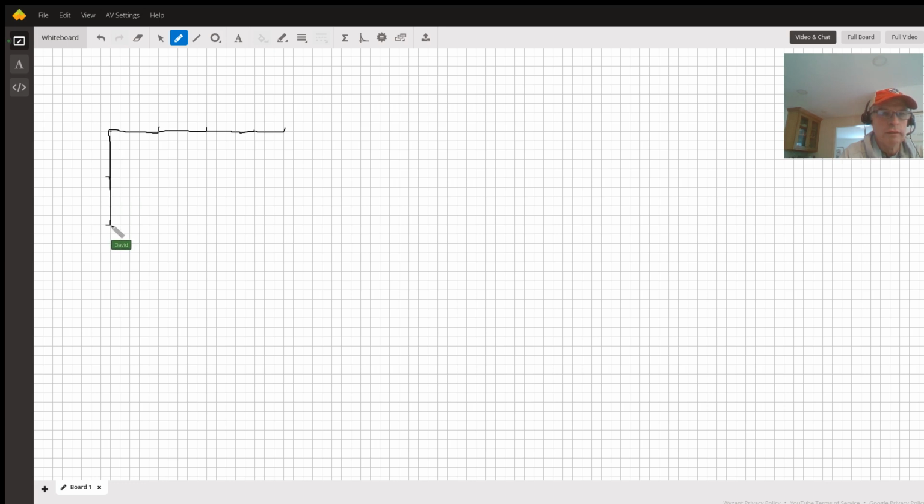Okay, so I'm going to draw the plot size. And I have to make sure that I count the numbers correctly. And that's why I'm making a little tick mark for every 5 and a bigger tick mark for every 10.